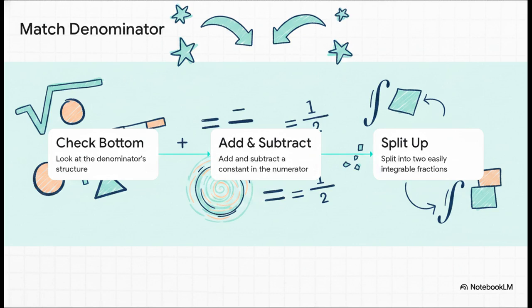You haven't actually changed the mathematical value of the equation, right? Then step 3, split it up. You now have x squared plus 1 over x squared plus 1, which beautifully cancels down to just a 1, minus 1 over x squared plus 1, which is your standard inverse tangent. It is all about purposefully manufacturing exactly what you need to break the equation apart.